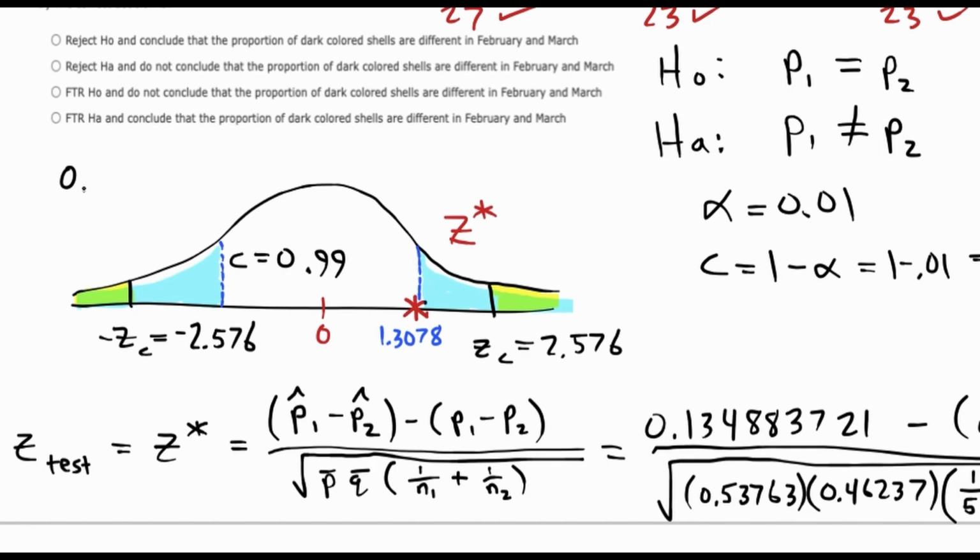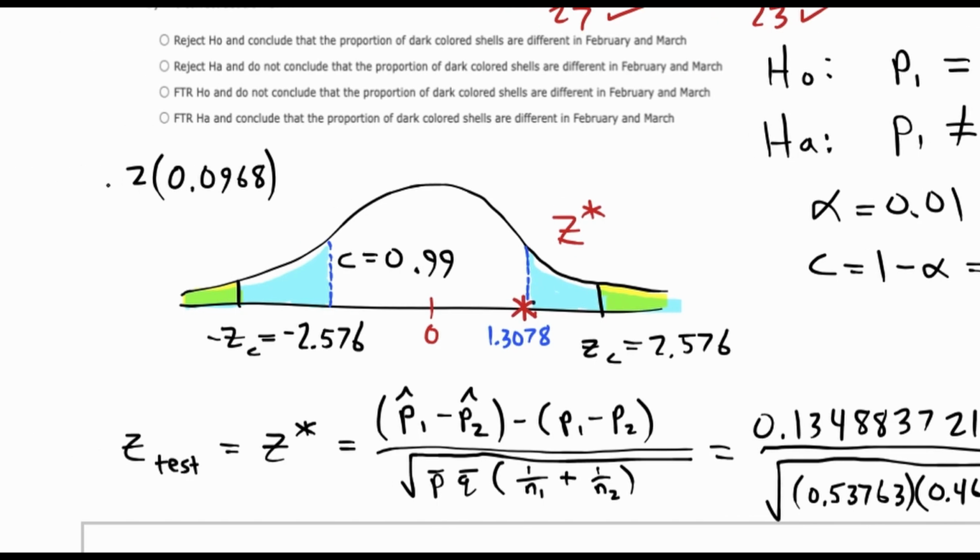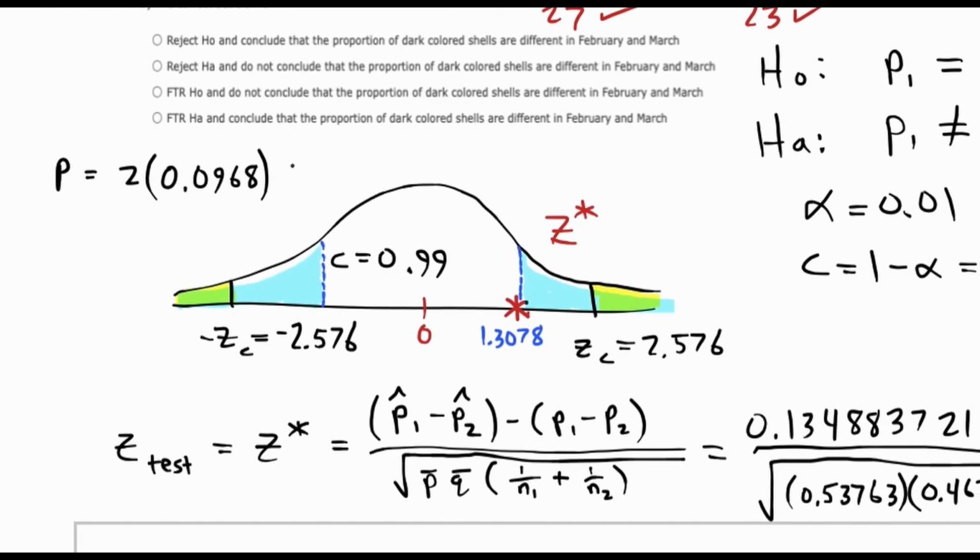So 0.0968, I'm going to do 2 times that. That is going to be the p. I'm getting 0.1936.